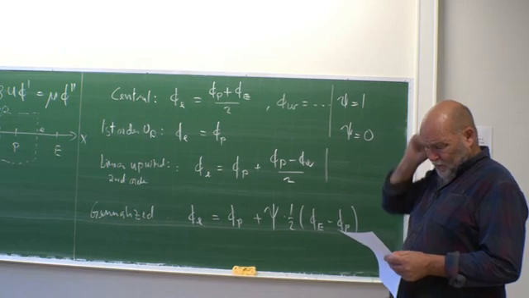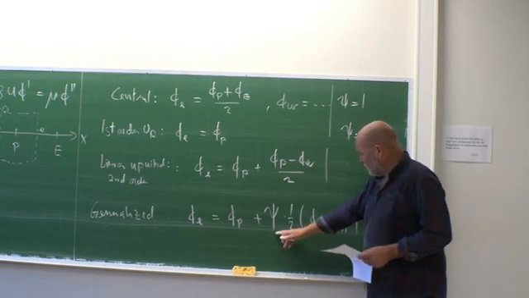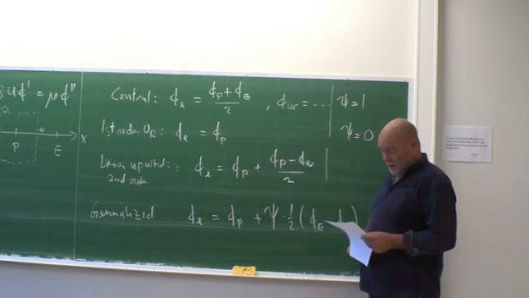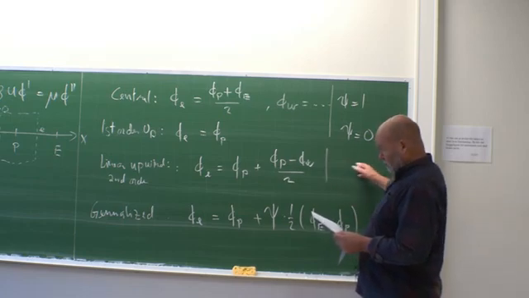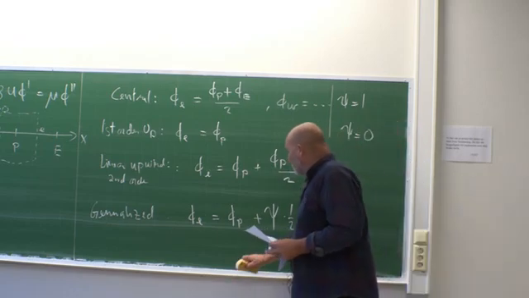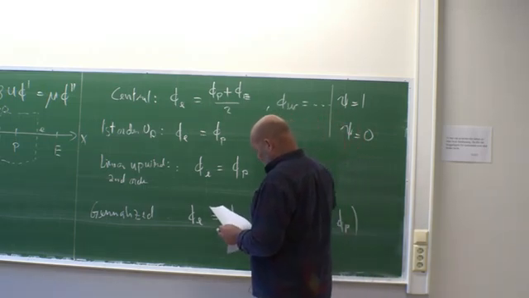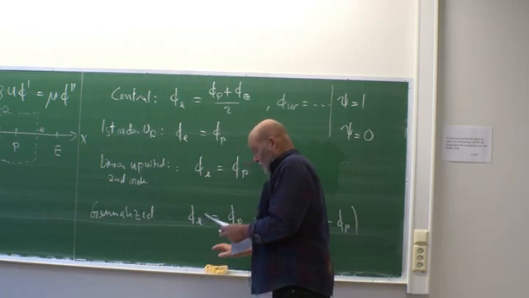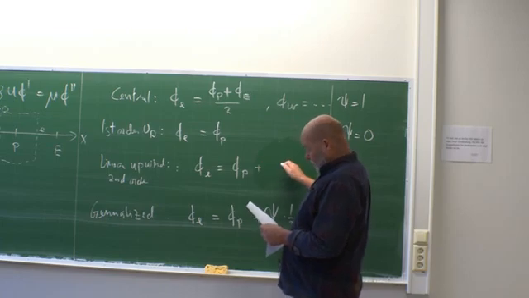Well, you have to rewrite it a little bit to get it on this form, and it's going to look something like this. Let's see now. Oh, I need more space. Let's do it like this. So you will have something like this.